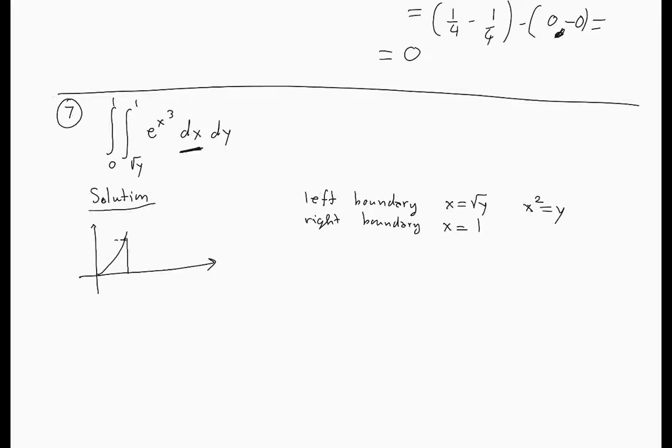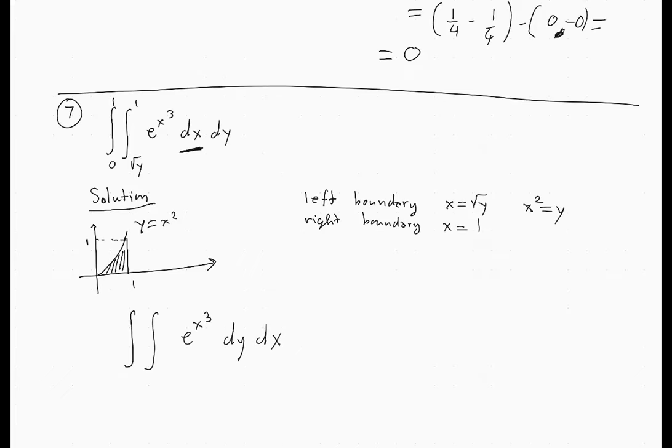You say, well, what if I try to go first with respect to y and then with respect to x? If you try to do that, then you will have an upper boundary and a lower boundary to deal with first. So your upper boundary is x squared, your lower boundary is 0.